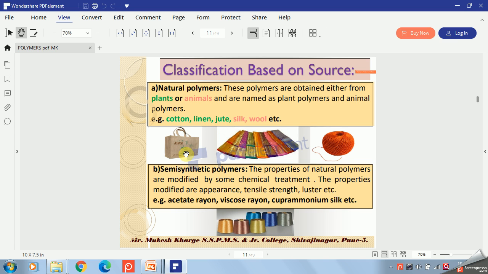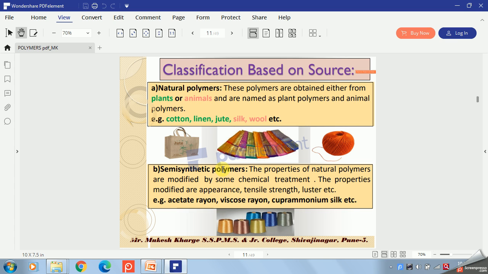So here you can observe the jute bag as an example of this. Then another subtype is animal polymers, when the polymer is obtained from animals like silkworm. Then the polymer is silk, and another example is wool. Okay, so this is about the natural polymer, their sources from nature.